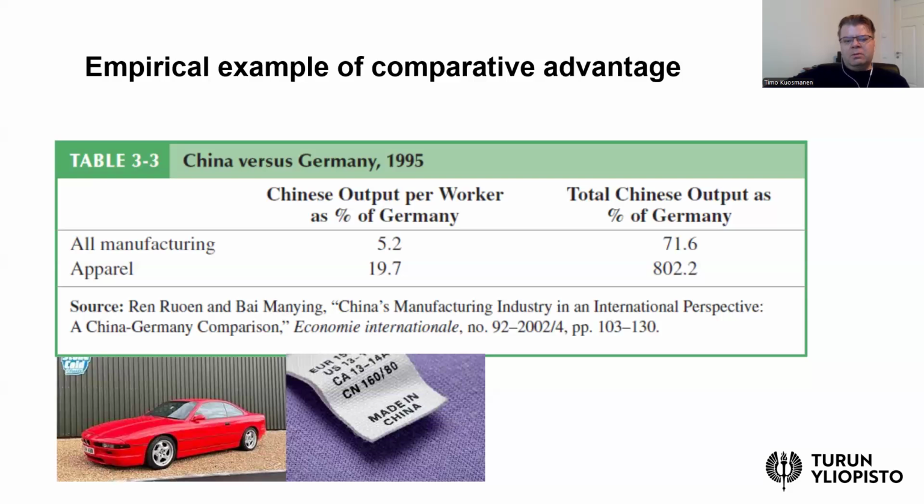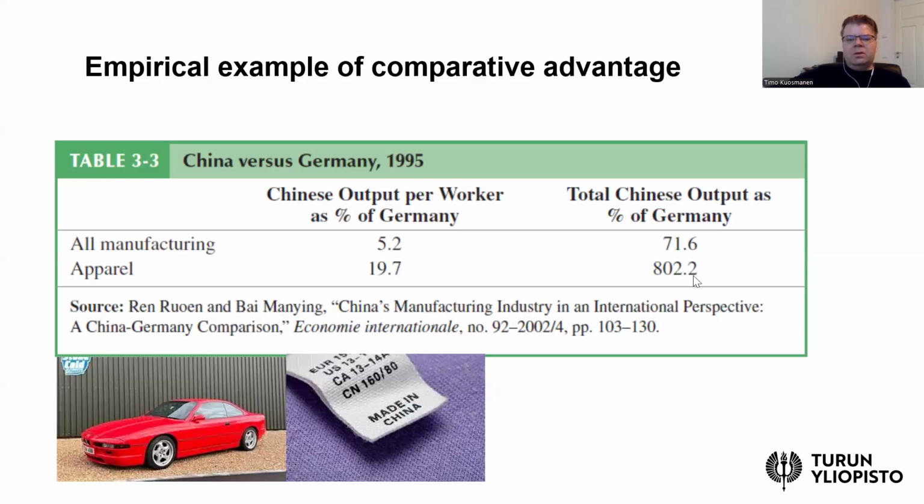However, if we think about apparel, so clothes, like in this previous example, in clothes production, Chinese output per worker was almost 20% of Germany. 20% is still very low, but much higher than 5% compared to the other manufacturing. So in that sense, Germany had an absolute advantage compared to China in 1995 in all manufacturing, including also clothes.